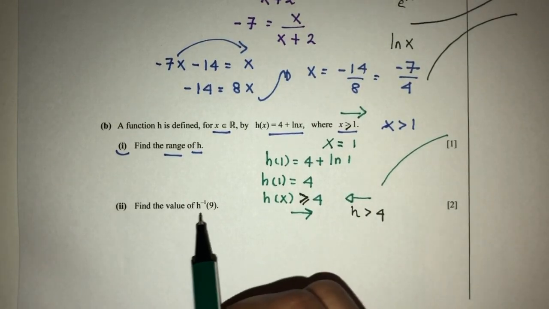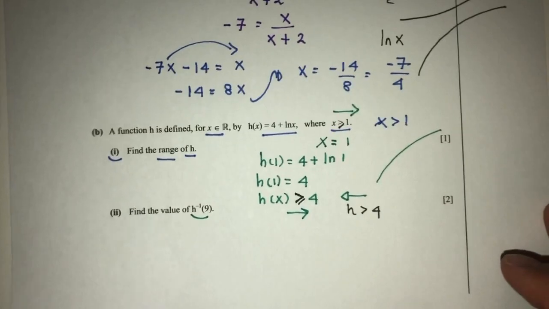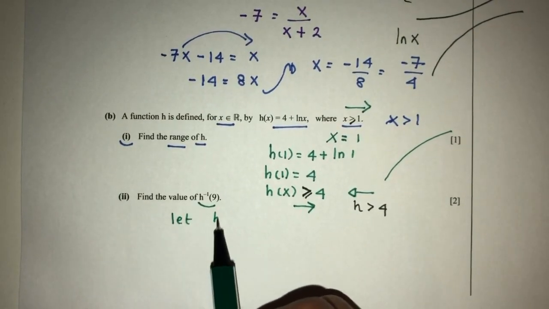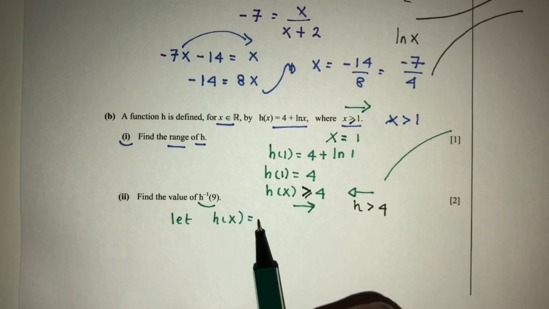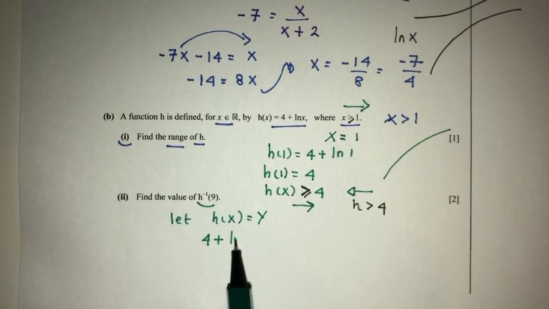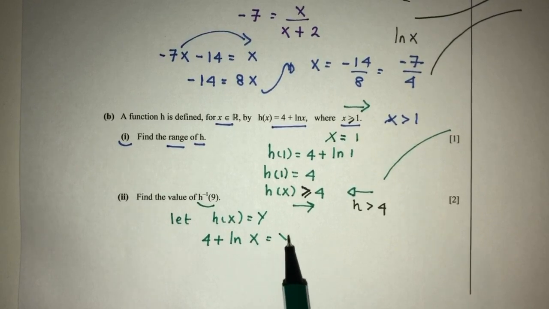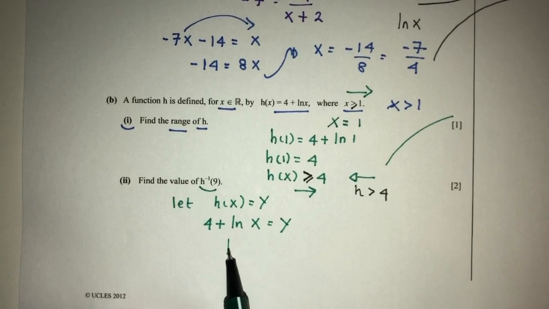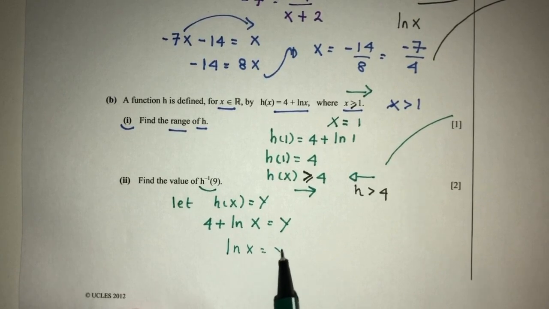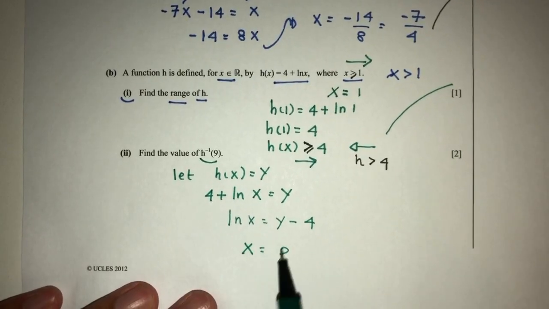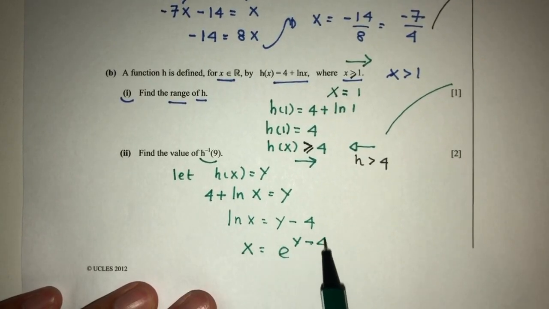Now for part 2, we have to find this value. So let's first find h inverse. Let h of x equal y. You will have 4 plus ln of x equals y. So ln of x has to be y minus 4, and x has to be exponential y minus 4.